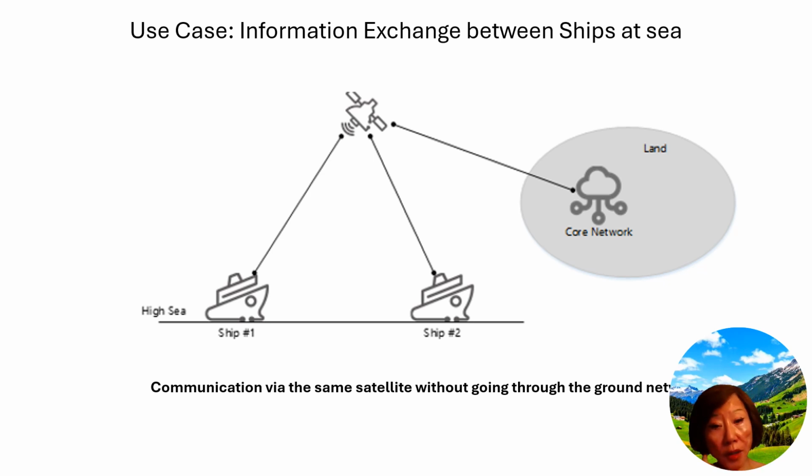And also, it is independent from terrestrial infrastructure. This setup enables communication in areas far from land, where traditional terrestrial networks are not available whatsoever. And of course, this is giving us a very flexible way to configure our network.